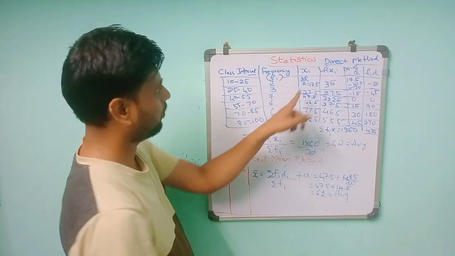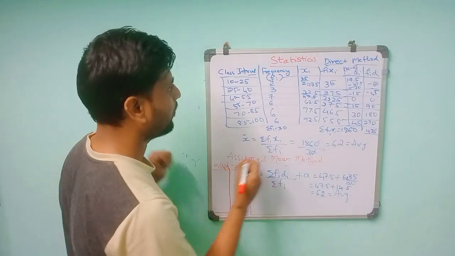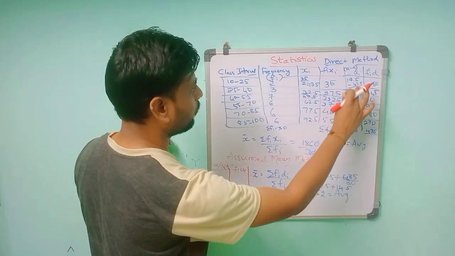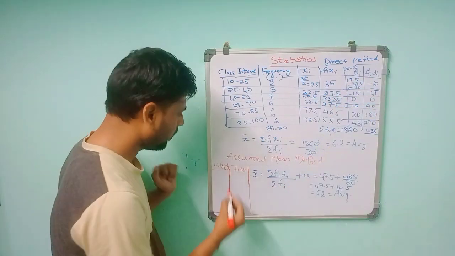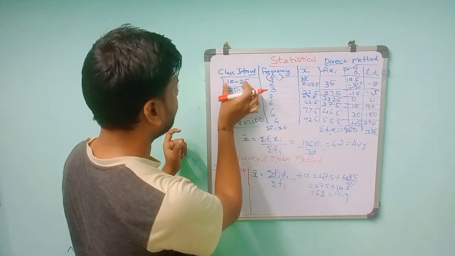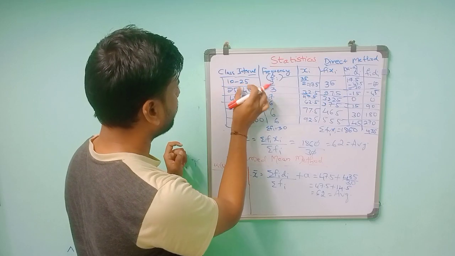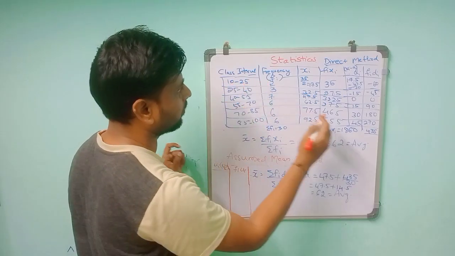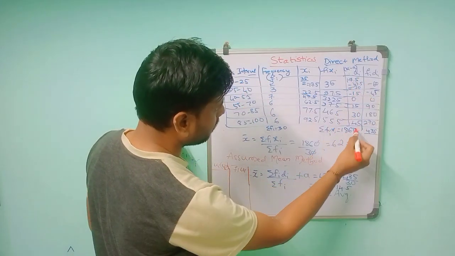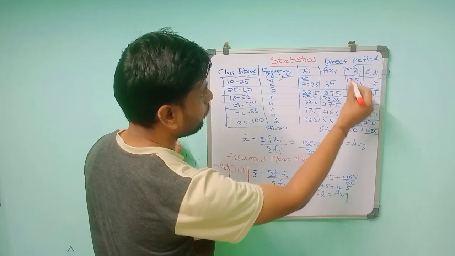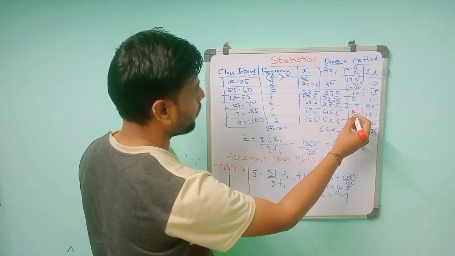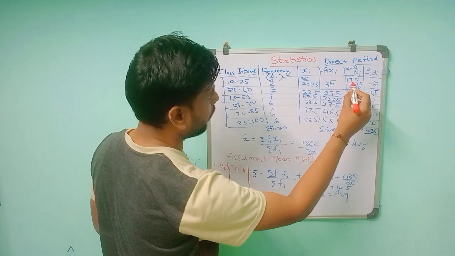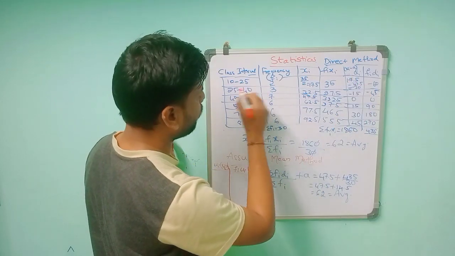Here xi is 17.5, 17.5 minus a, so you got minus 30. For h we have to take the class range here, 10 to 25. So the difference is 15. So this will be in multiples of 15. So we have to take h as the common value. If they give it directly, you have to take 15.